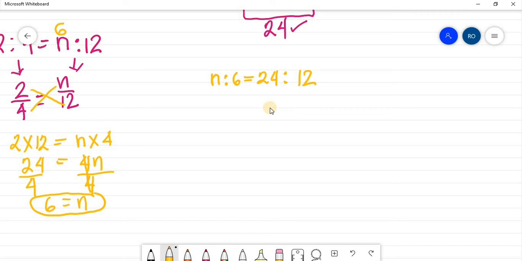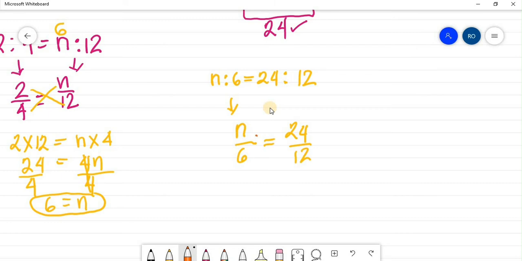We have to find the value of n using the cross product. So let's write them in fraction form. We have n over 6 is equal to 24 over 12. So let's use the cross product.